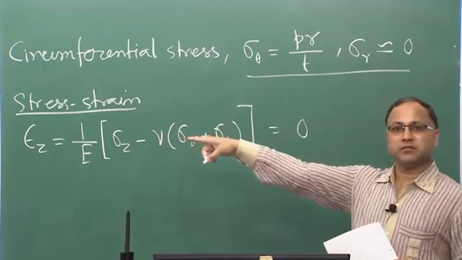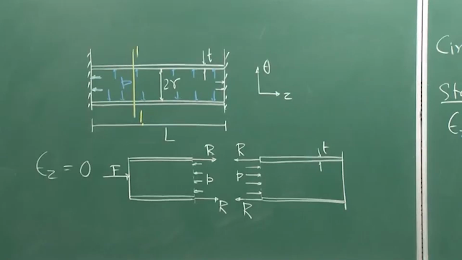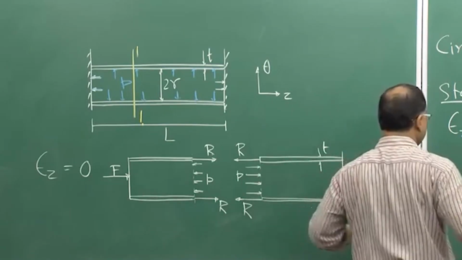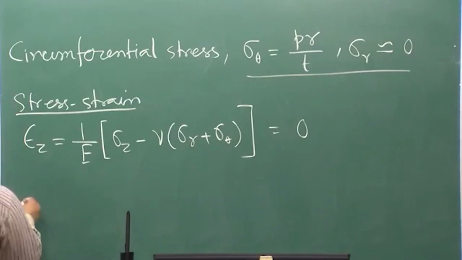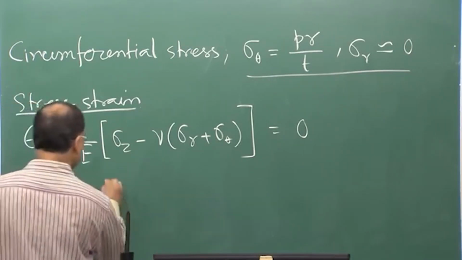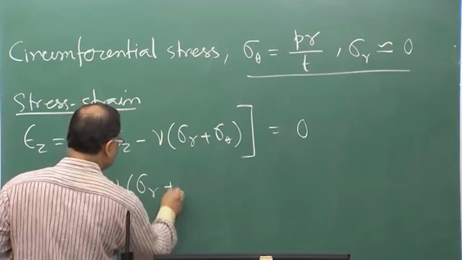We have already seen that, because both the walls are not allowing the movement in the z direction. So, from this I can write sigma z equal to nu into sigma r plus sigma theta.